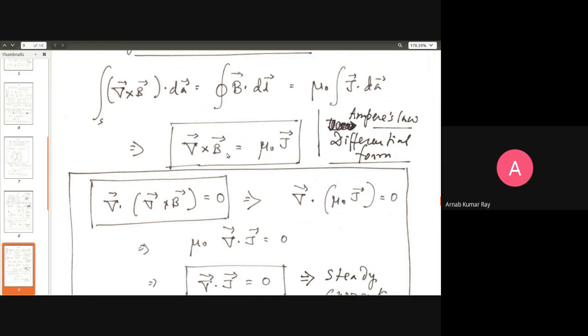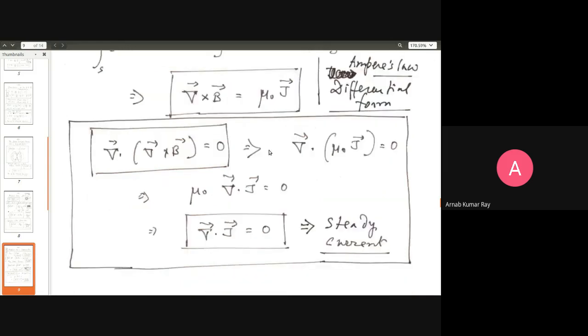E has been replaced by B on the left-hand side. On the right-hand side, like I told you, epsilon naught will be replaced by 1 upon mu naught. You earlier had 1 upon epsilon naught, now you've got mu naught. And rho is replaced by J, which is the cross-sectional current density. So curl of B is equal to mu naught J. This is Ampere's law in differential form.